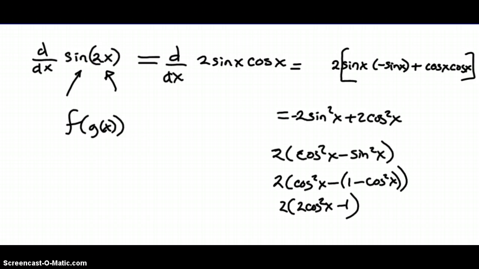And I end up with 2 times 2 cosine squared x minus 1. I could distribute the 2, but at this point we see that we can write this many different ways using our trig IDs. That'll be part of the goal of class tomorrow.